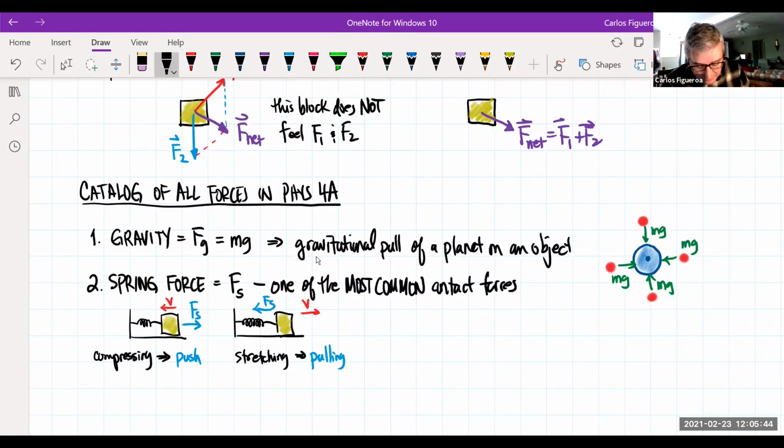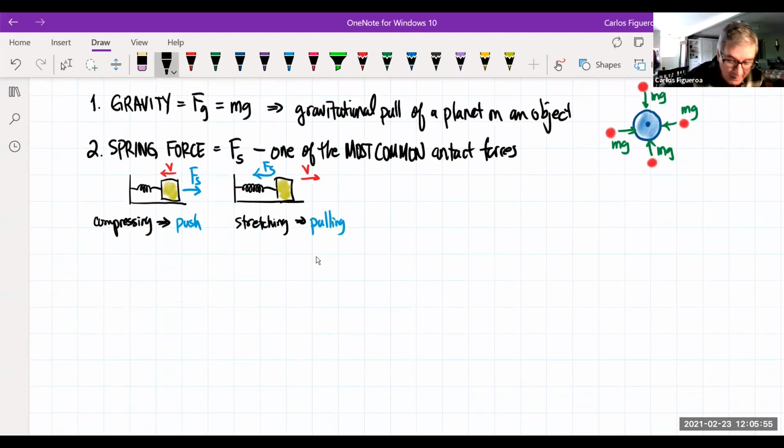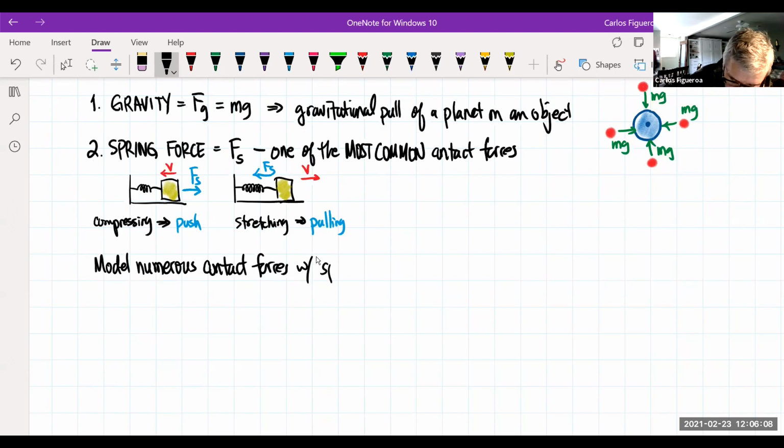Now, it turns out that you can model many, many forces that look like this. So let's check this out. So now we can model numerous contact forces with springs.